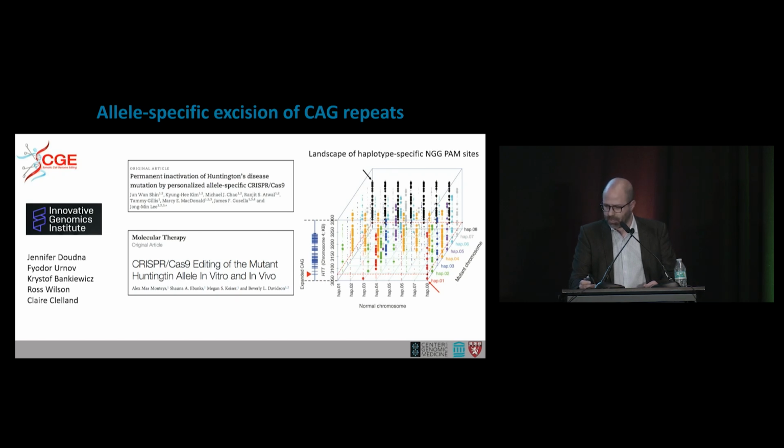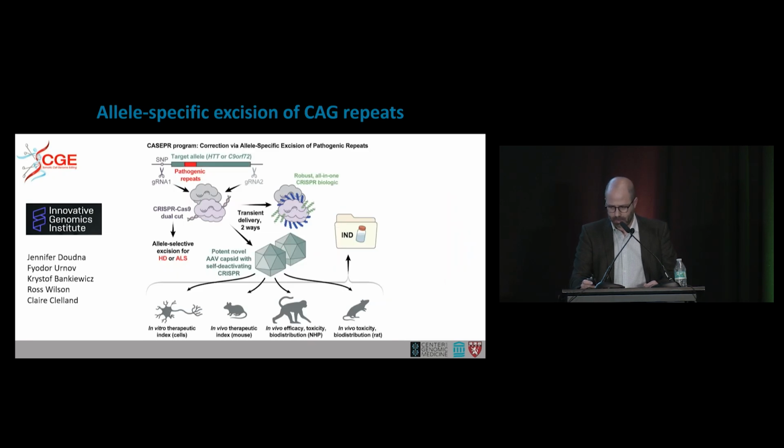They've taken this strategy and are pursuing it. Full details are not public, but this is what we can share at this point. They're going with a two-guide strategy, flanking the repeat, one common, one SNP specific, to excise the expanded CAG only.